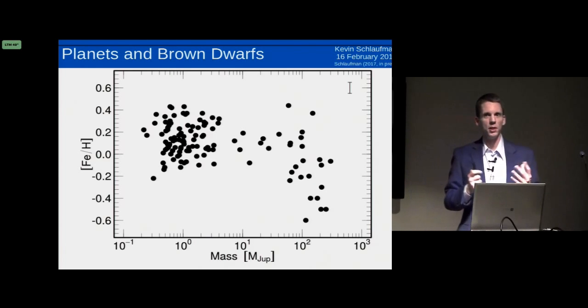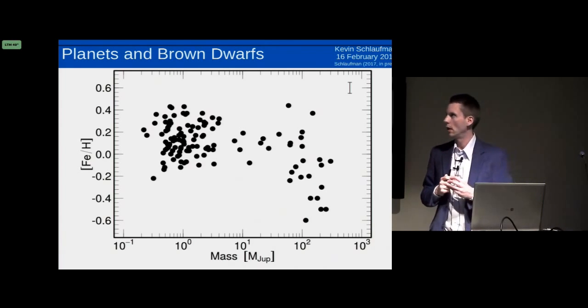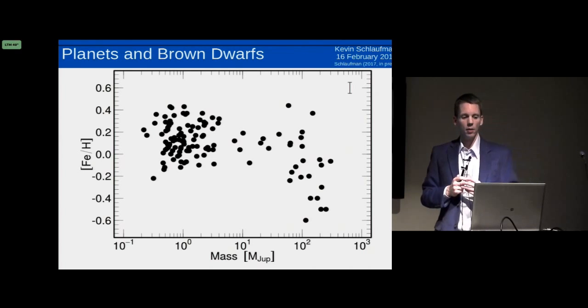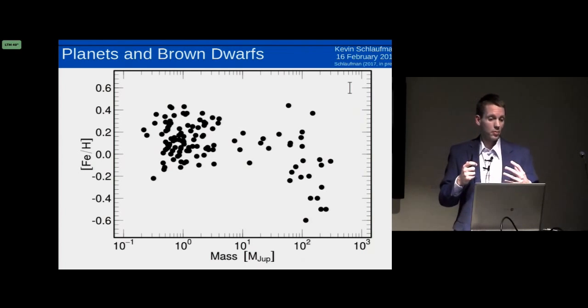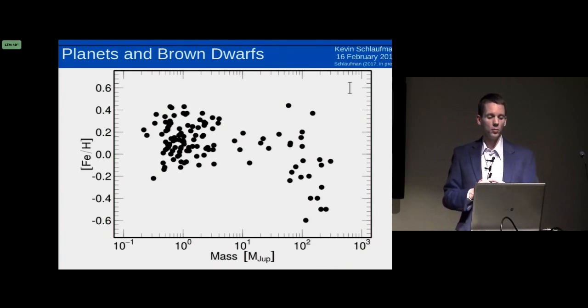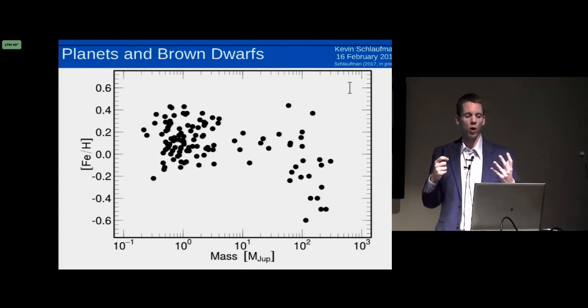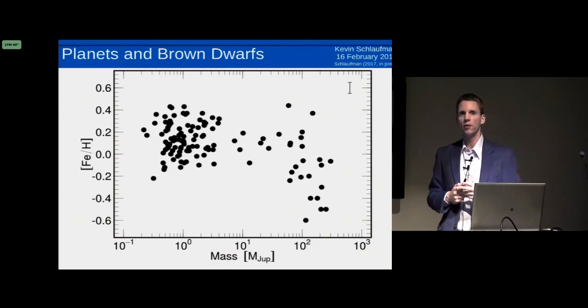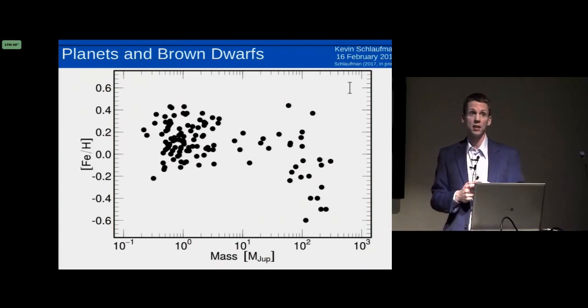So you might be tempted to draw lines in this diagram just based on your eye. But that's one of the things which has led astronomers astray in the past. And so I took a qualitatively different approach. What I did was I applied 3 different classes of unsupervised learning algorithms to these data.